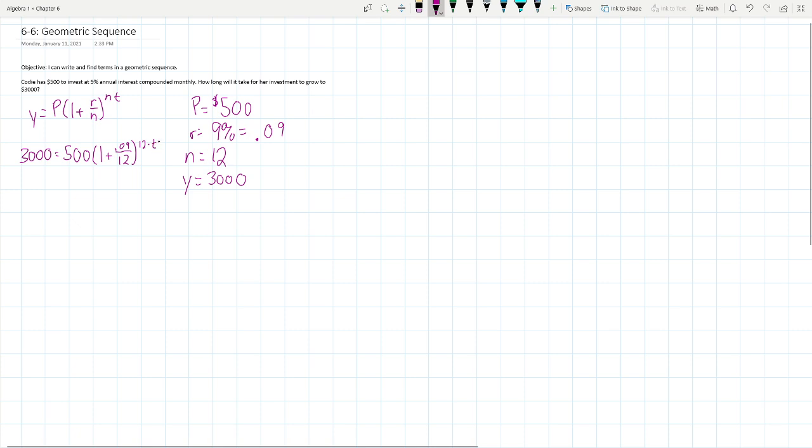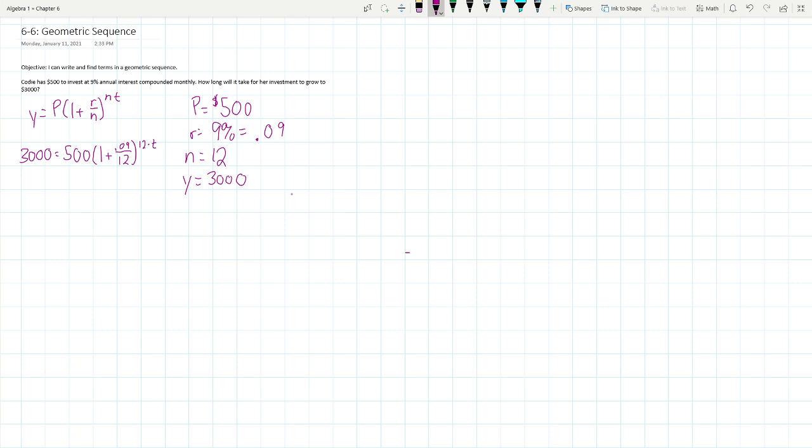We haven't really dealt with this much, not knowing our time value. So what we're going to do is a little bit of guess and check, and we'll be able to start getting our answers close. My recommendation is to use a calculator, specifically one that you can type in and re-edit.